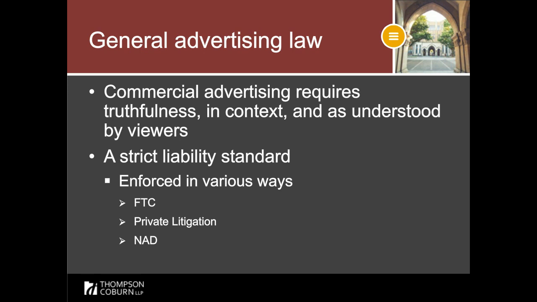And then finally, there's the National Advertising Division of the Council of Better Business Bureaus, which is the advertising industry self-regulation process, which has a kind of private arbitration process that it's often wise to pursue if there's a dispute between two entities. So those are the procedures.